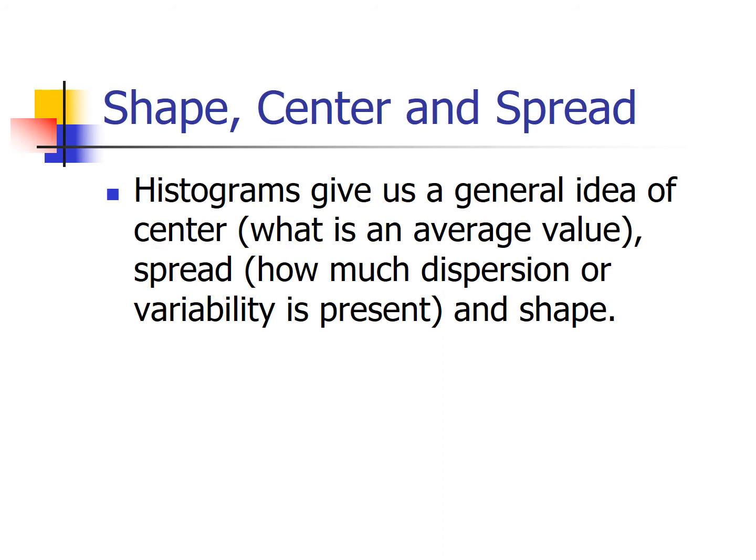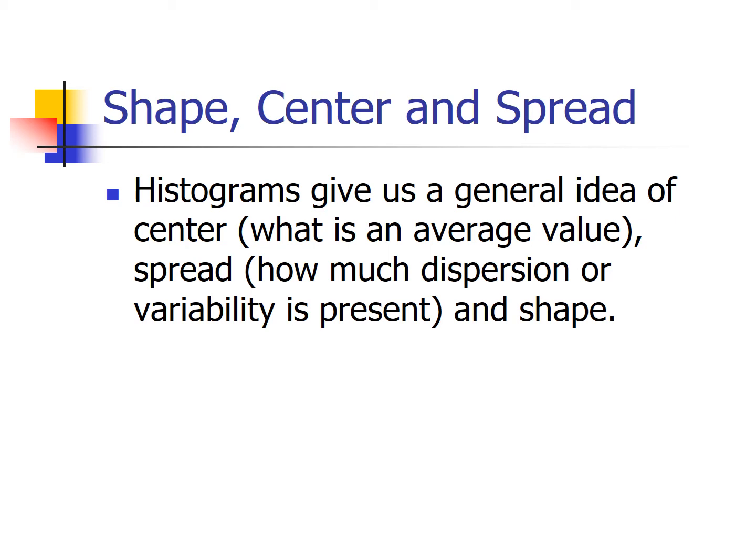Now, what do we do with the histogram? Why do we care about histograms? Well, histograms can give us some insight into three characteristics or properties of a quantitative variable. They can give us a rough idea of center. Center is just a technical term for an average value. They can give us a rough idea of spread.